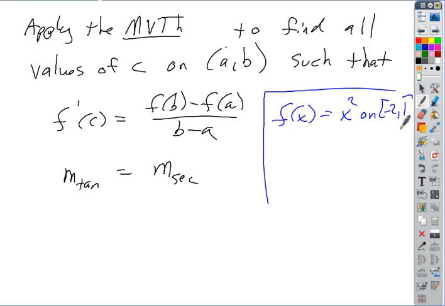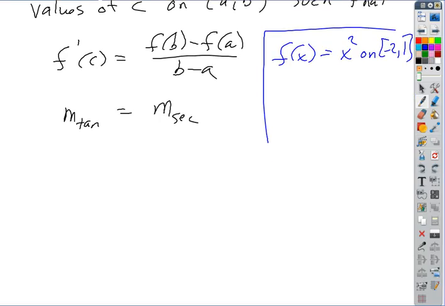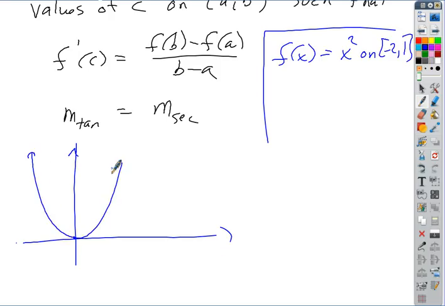If we were to draw this, going from -2 to 1 with my parabola, at -2 what are the coordinates? If my function is x squared, then it's -2, 4, right there. And 1, 1.